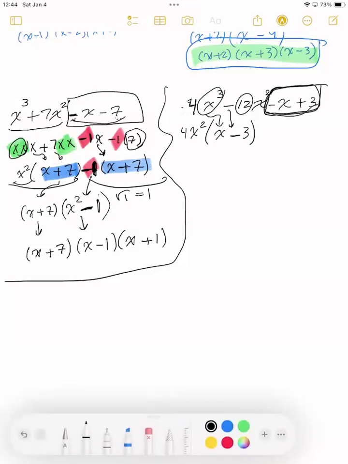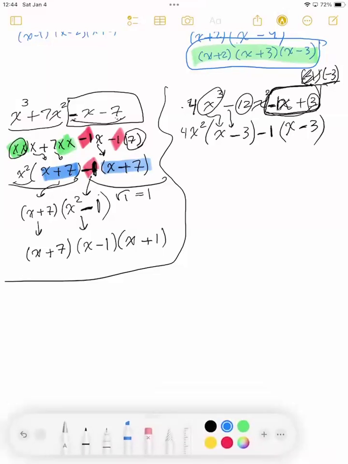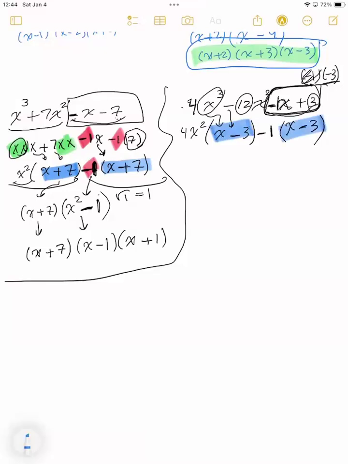is -1. Do you see the leading term is -1? If I factor -1 from the first term, I'm left with positive x. I can write 3 as -1 times -3. So when I factor -1, I'm left with -3. You always want to do something so that these two new parentheses are identical.